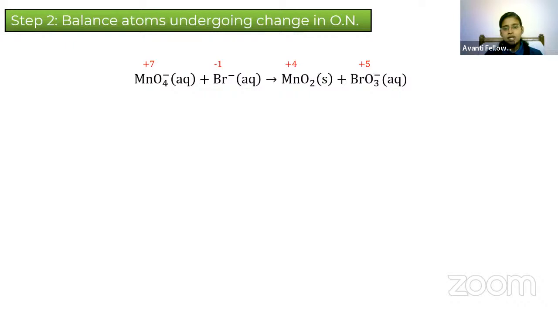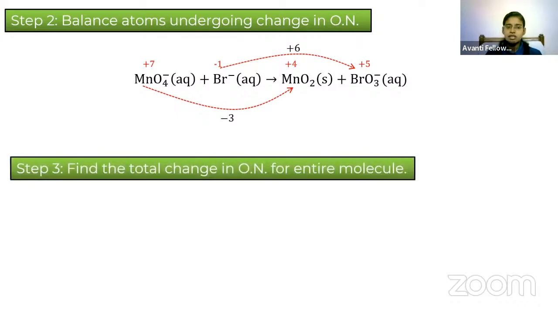For bromine, the reactant side has one Br and the product side also has one bromine, so it is also balanced. Manganese has gained 3 electrons and bromine has lost 6 electrons. They are balanced, so you don't have to do anything. Go for step number 3.